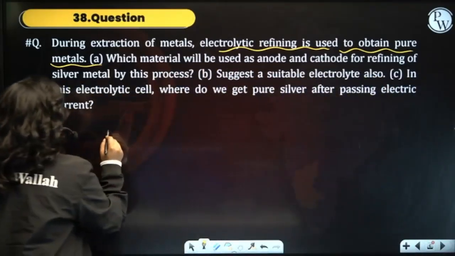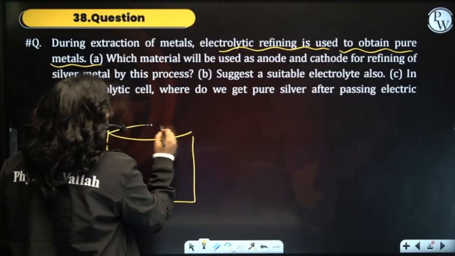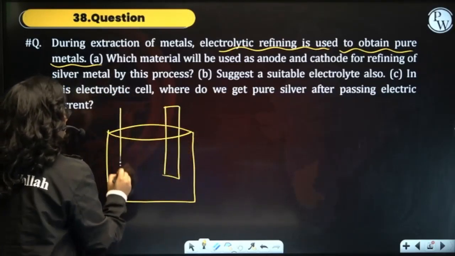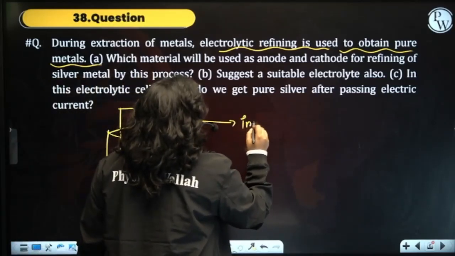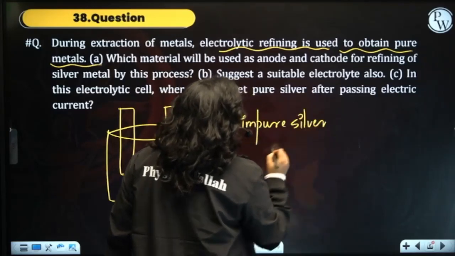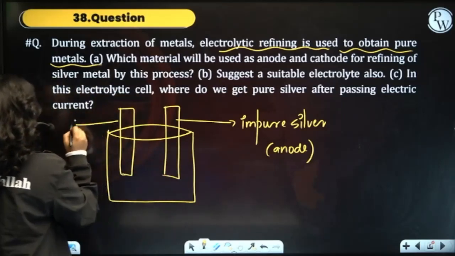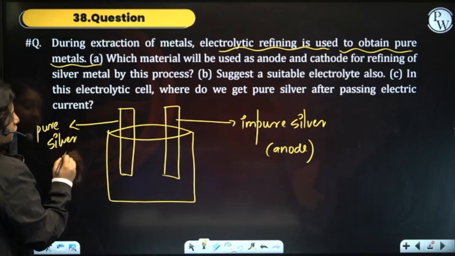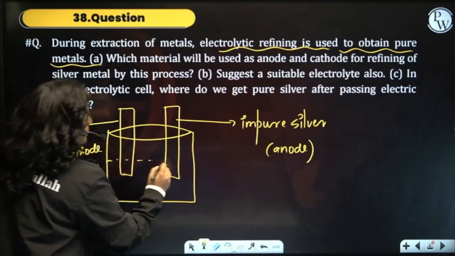Now suppose you are refining silver. What you mainly need is an impure anode and a pure cathode. So if you are refining silver, you should take impure silver as anode. Okay? Pure silver you should take as cathode. And you should have some salt solution which can conduct electricity.